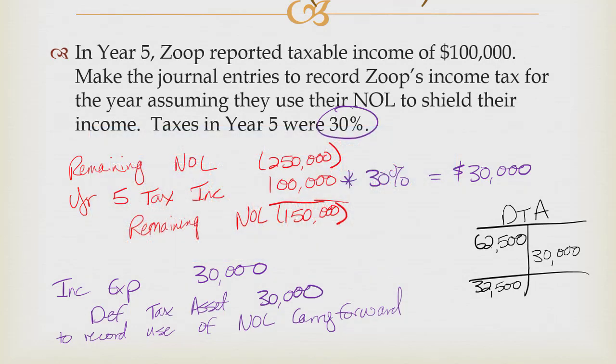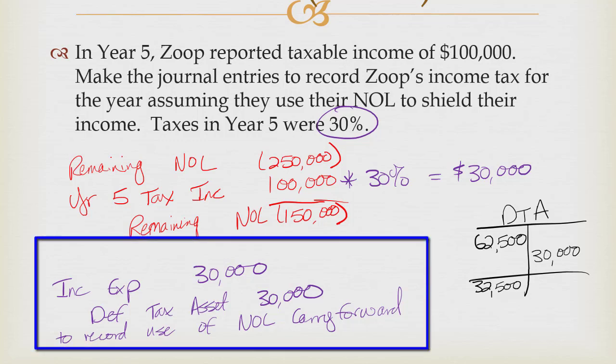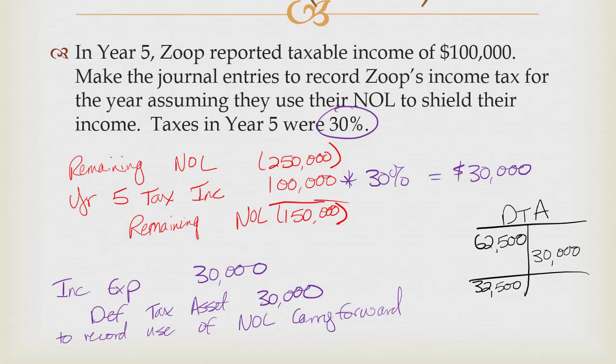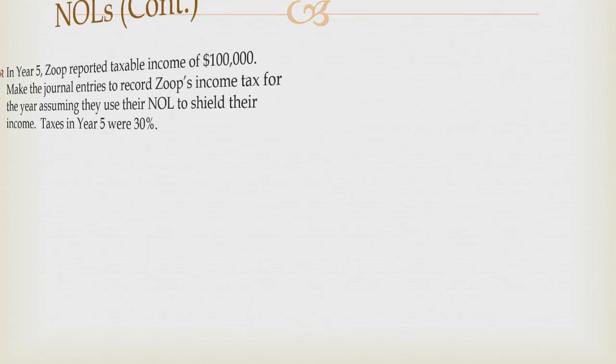But every year that I decide to use up some of that NOL, I would do a journal entry very similar to this until I run out, or until for some reason I figure out that I'm not going to be able to use that NOL anymore. And that's the last thing we need to talk about with NOLs.